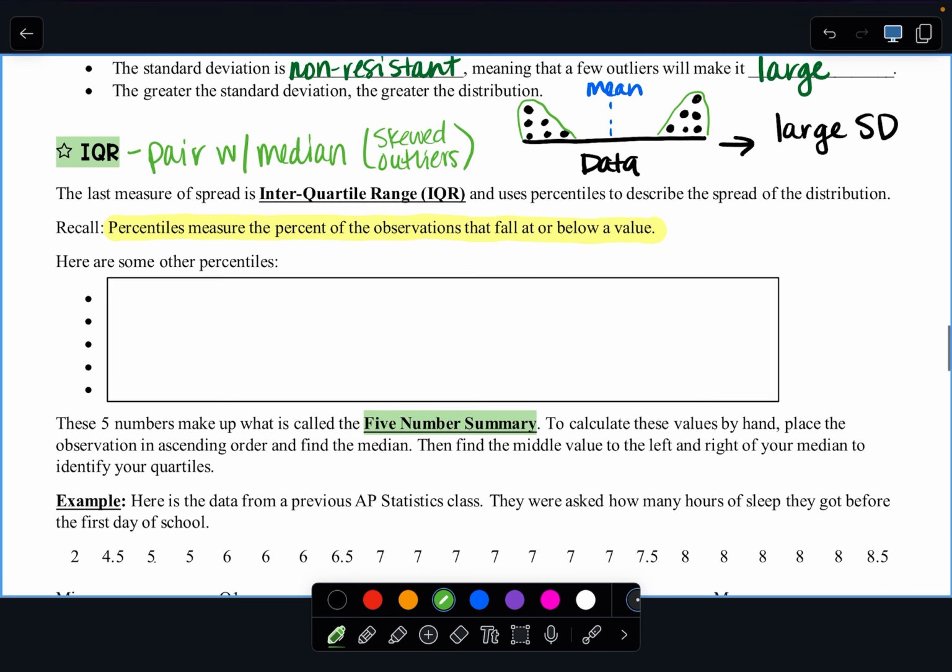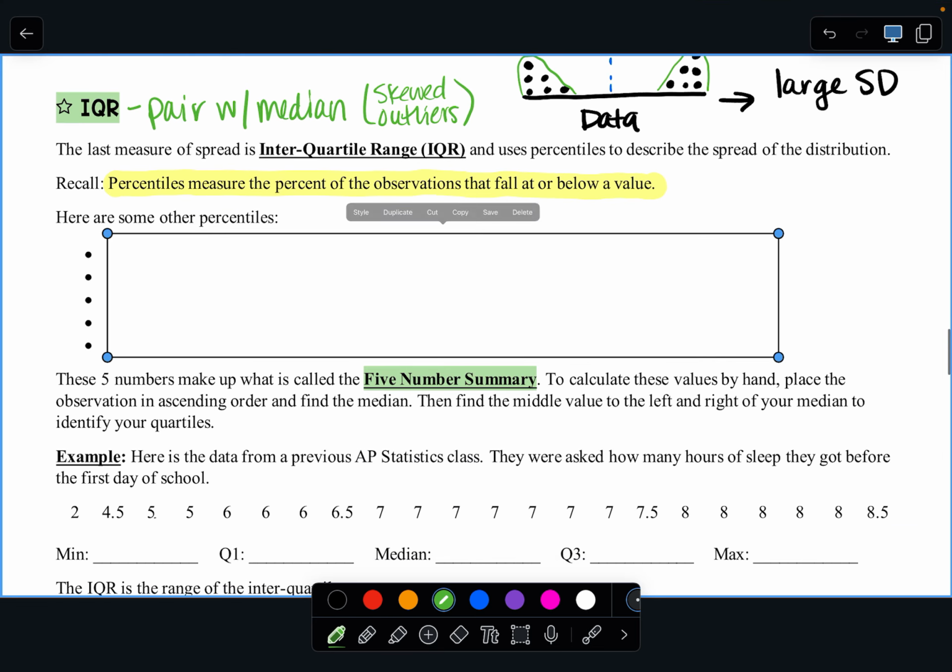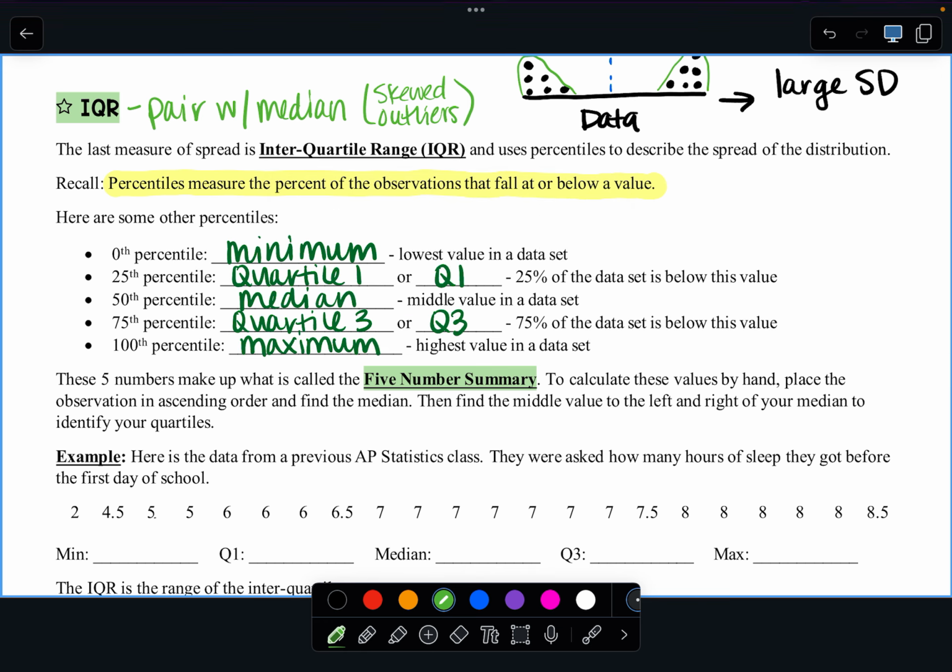With the IQR, it needs a couple of things. Interquartile range is what it stands for. And basically, it's going to represent the middle 50%. And I know that's not technically written anywhere, I don't think, so I'm going to write it in. Middle 50%.